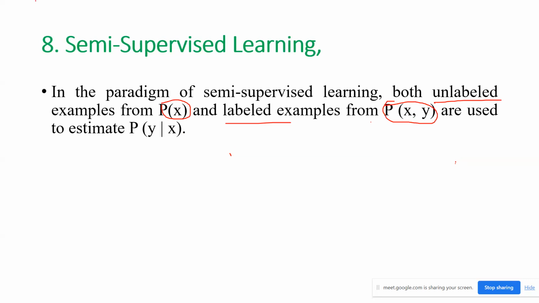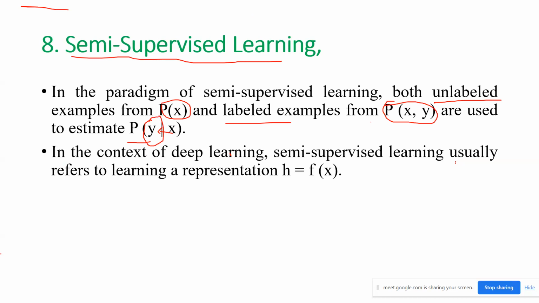So using these two, we are estimating the new, unseen output, new label, new output, which will be predicted based on the input value. This is possible with the semi-supervised learning mechanism. That's why we are using semi-supervised learning mechanisms in some applications.